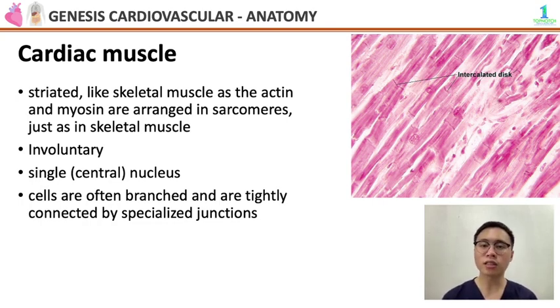You have a single central nucleus, much like, again, your smooth muscles, and these cells are often branched and they are tightly connected by specialized junctions. So this would make them different from your smooth muscles because smooth muscles, you know, they are not branched, no? Usually they are just single cells, okay? So if you are able to see intercalated discs, I want you to think of cardiac muscles. This is more peculiar for the cardiac muscles.